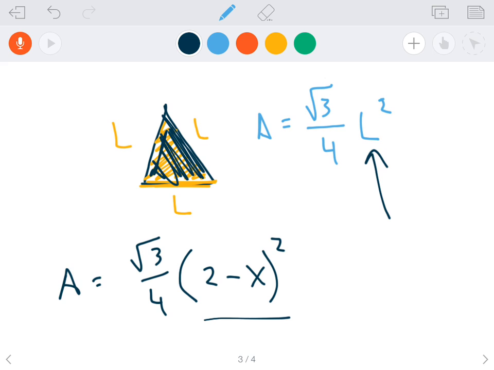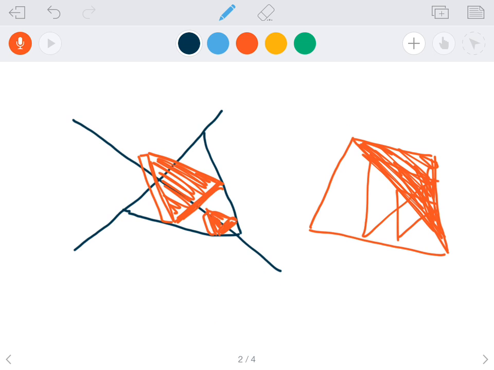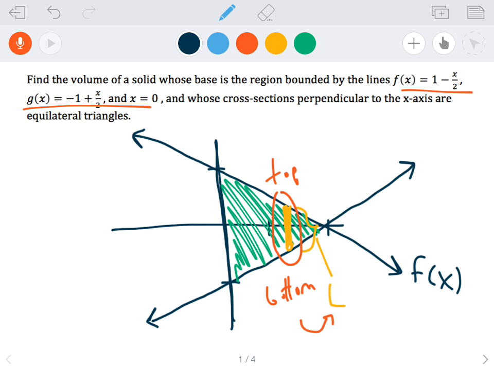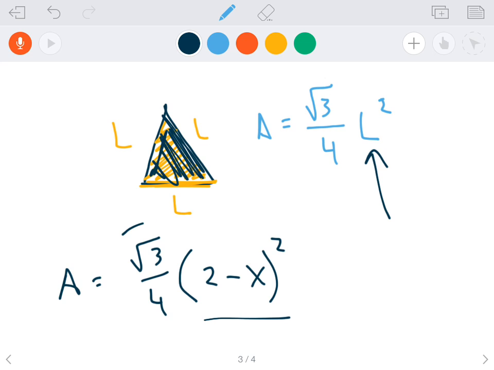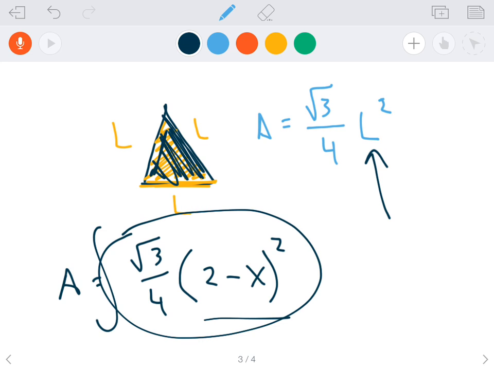To get the volume of the solid, I want to add up all of the cross-sections from x equals 0 to x equals 2. If I want to add up all the cross-sections, that means I want to integrate. So I'm going to take this function and integrate it from 0 to 2.